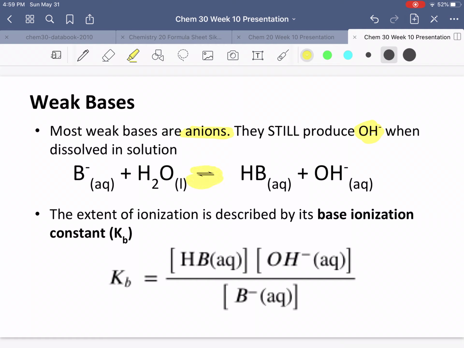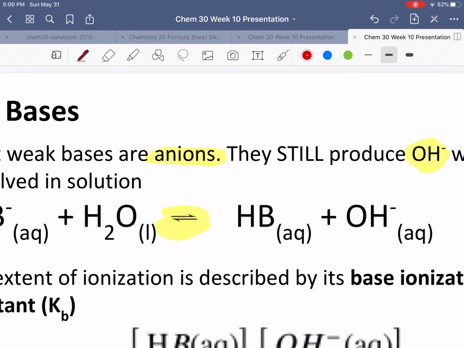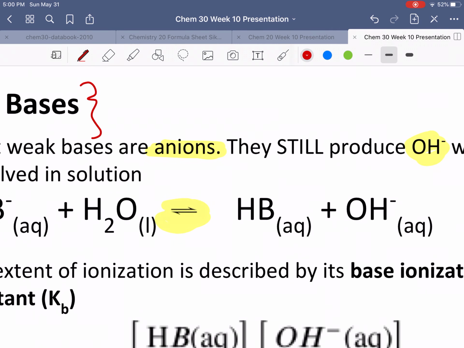This is an equilibrium system. Now, take note, guys, there's another typical weak base where you end up with nitrogen and oxygen. For example, if you think back to last year, ammonia was a classic one of these, right? Ammonia would gain a hydrogen to become ammonium, NH4+.